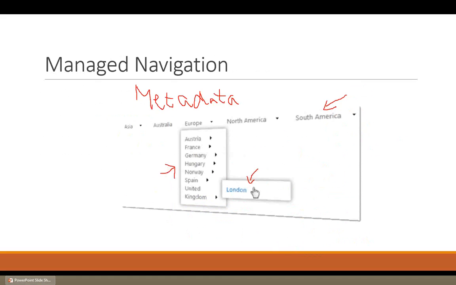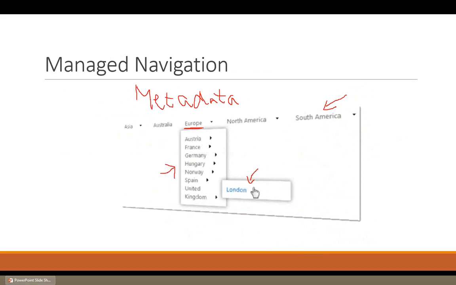There is a new concept in SharePoint 2013 where you can use this metadata for navigation. For example, if you create this managed navigation structure, you can have a site where this is used for navigation. Whenever someone comes to this site and clicks on Europe, he or she will get everything that belongs to Europe, regardless of the country or the city or the place inside Europe.